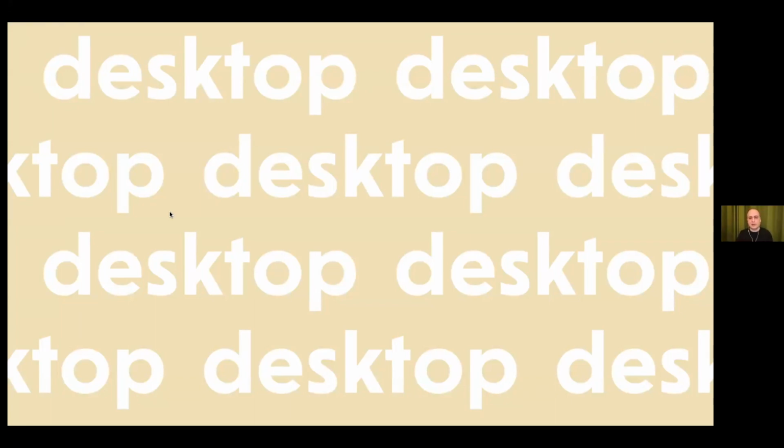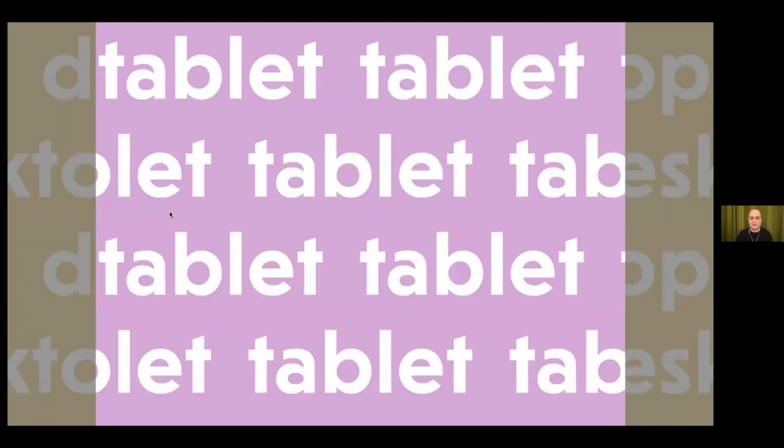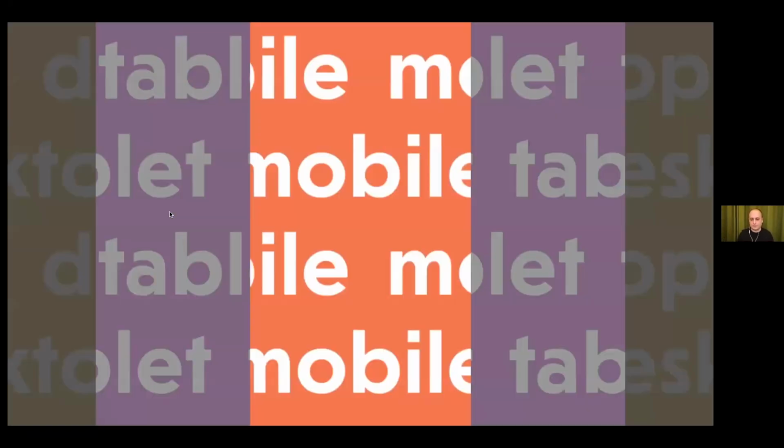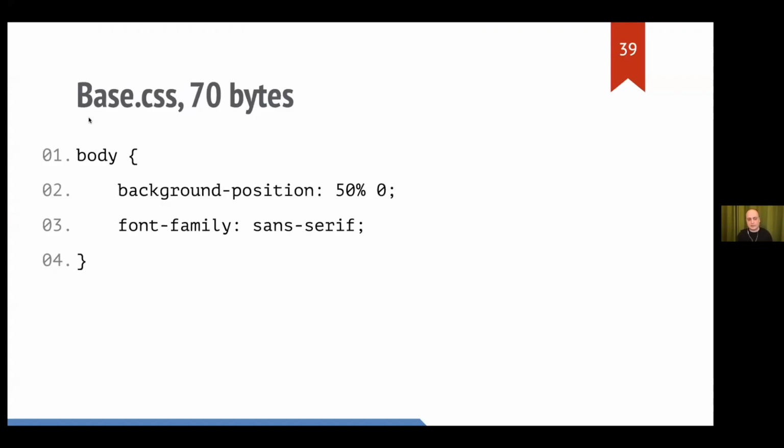So I made a demo. This demo looks like a simple page with a very clear difference between desktop, tablet, and mobile versions. How it works: I have base CSS, just 70 bytes, with some universal styles available for every breakpoint.